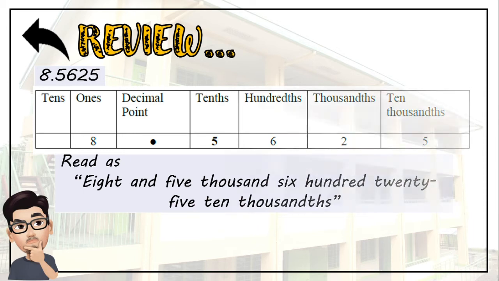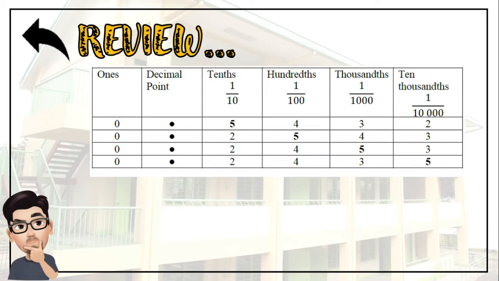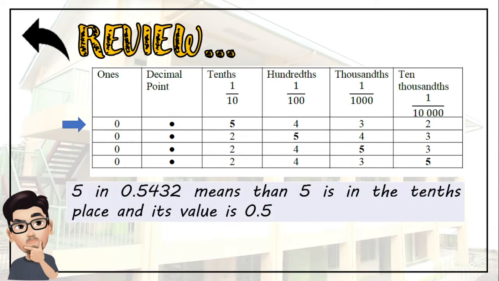Okay, let's talk about the value of a decimal part. So let's have this una munang 0 and 5,432 ten thousandths. Let's look at number 5. It's located at the tenths place. So ibig sabihin, it's in the tenths place and its value is 5 tenths.